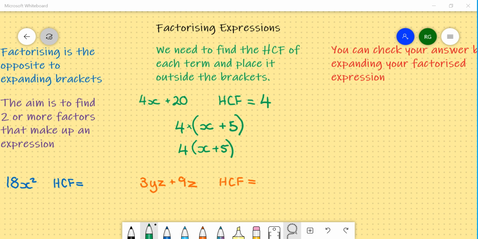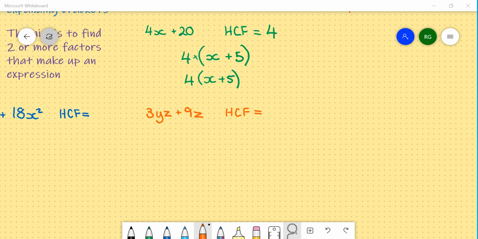Now we'll move on to the orange section. Here the question has more elements to it. We have 3yz plus 9z. We need to find the highest common factor of each of those two terms. Initially, we will look for the number, and I can tell that a 3 will go into both a 3yz and a 9z.